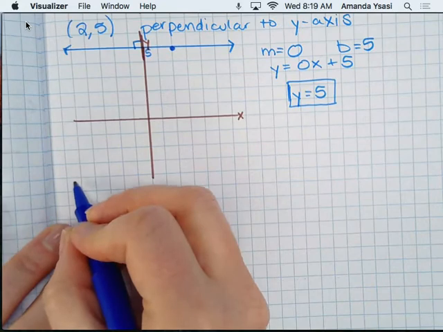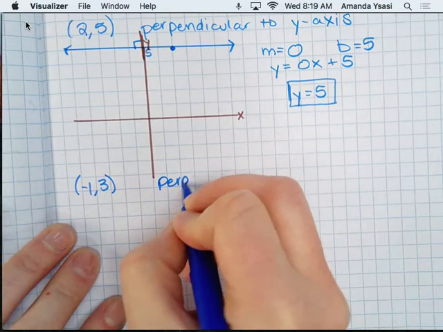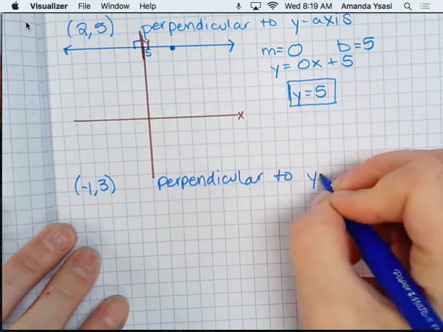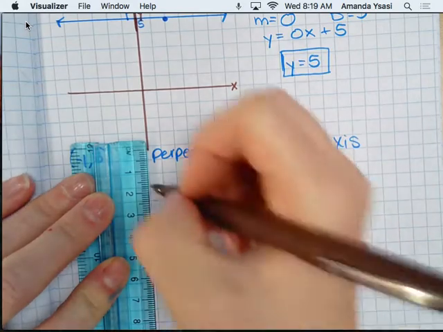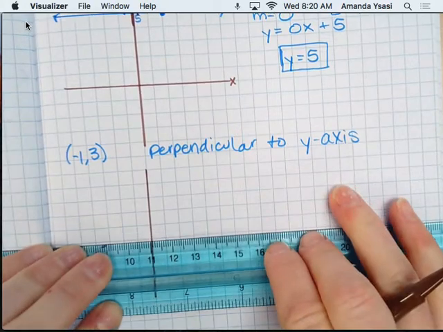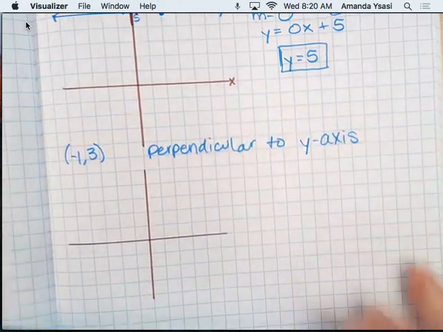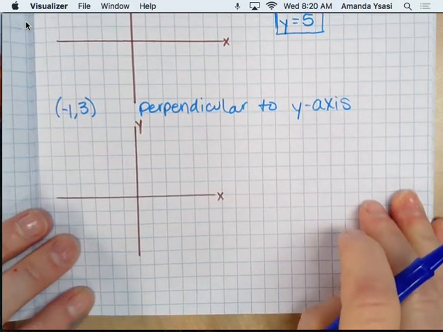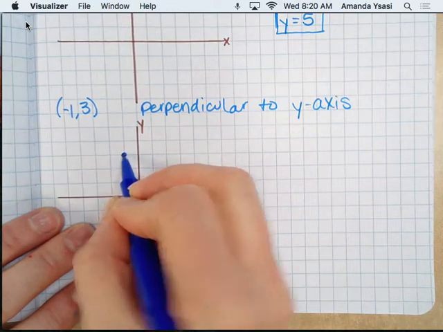Okay, the next one goes through point negative 1, 3 and is perpendicular to the y-axis. So plot the point negative 1, positive 3.